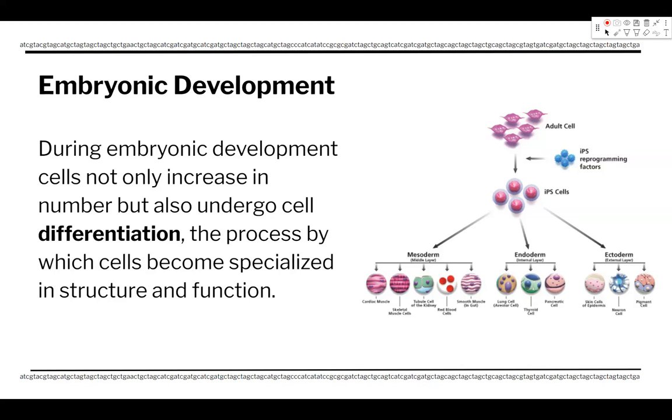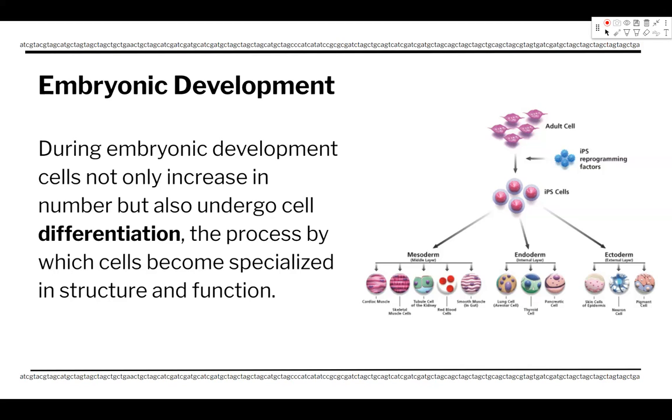And the process of going from a blank slate embryonic stem cell to all of these other cells is called differentiation. That's the process by which cells become specialized.